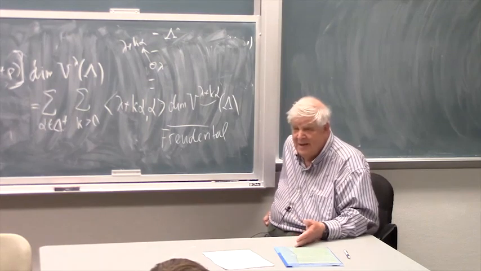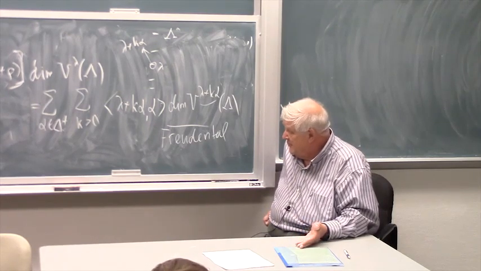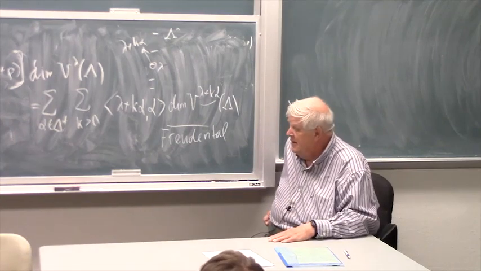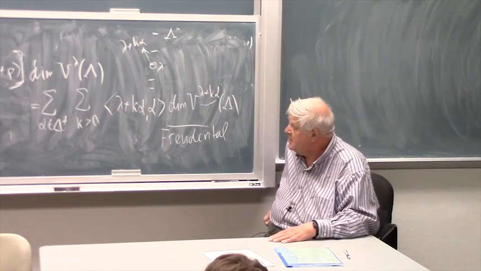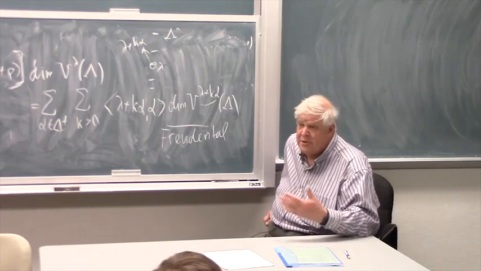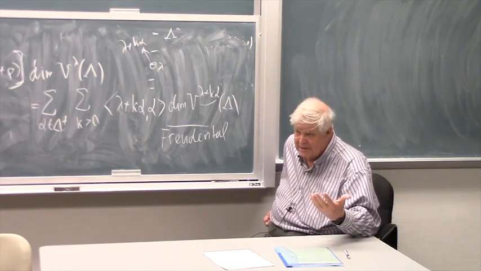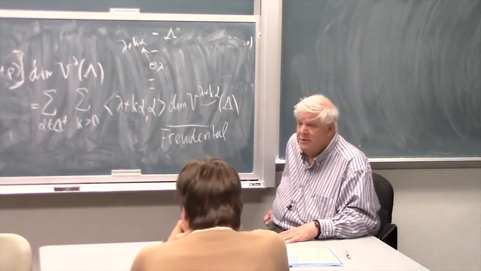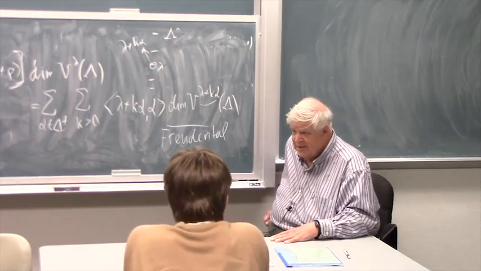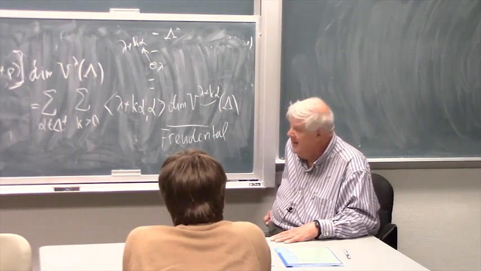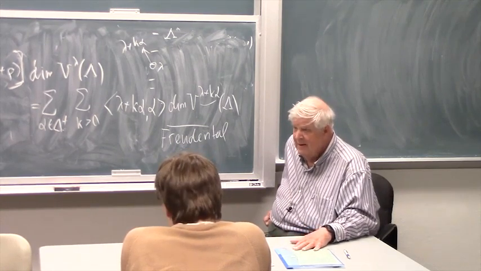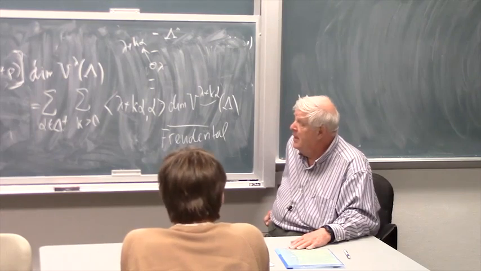This is also a very nice formula which certainly gives you all the dimensions. This also can be applied not only to the finite dimensional case, actually. Freudenthal certainly did it in finite dimensions.